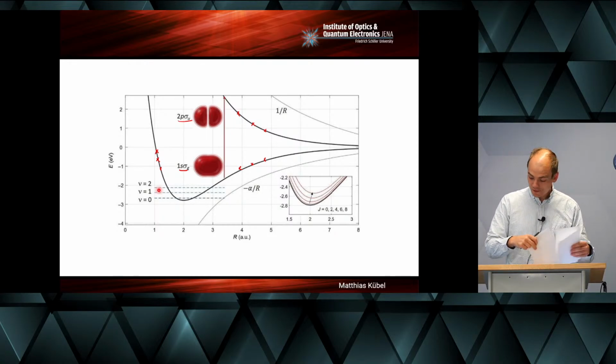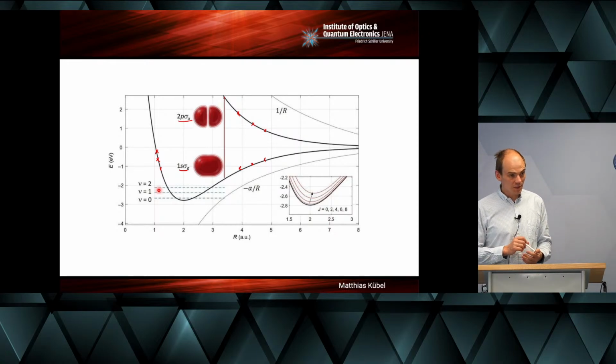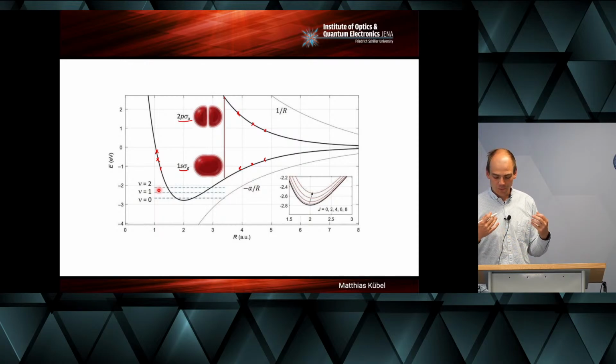So what we'll do now is we'll consider the action of an external electric field, and now we of course have this intuition that when we absorb a photon, let's say you have a photon of the size of this arrow, then you can make a transition from this point to that point.